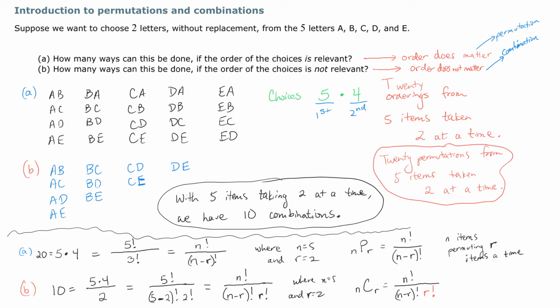In other words, we don't want to count all the same possibilities again. And the way we compensate for that is simply divide out by r factorial. So notice it is the number of permutations, but we don't want to count all the possible rankings. So we have to divide out all the extra orderings, and the extra orderings is going to be r factorial. So that's another way of looking at this.